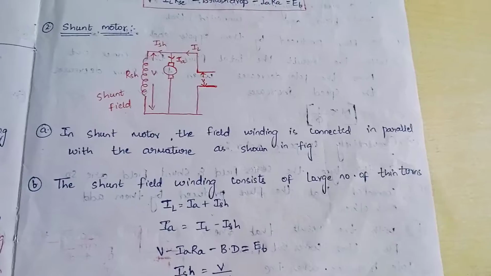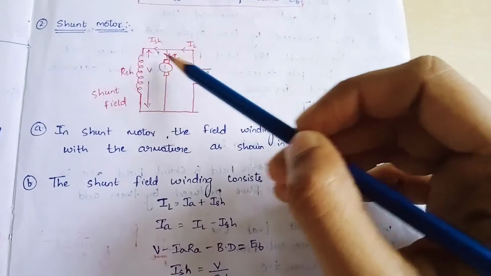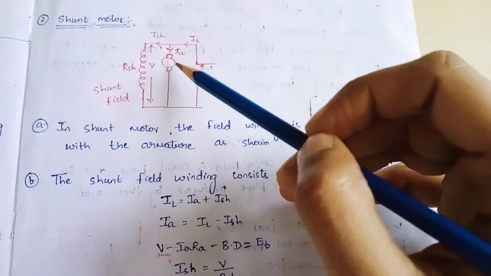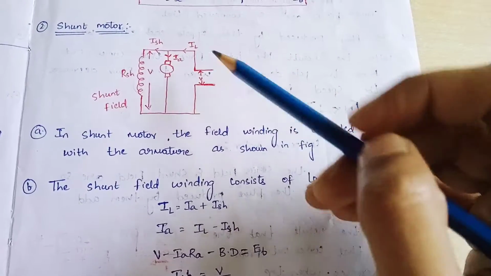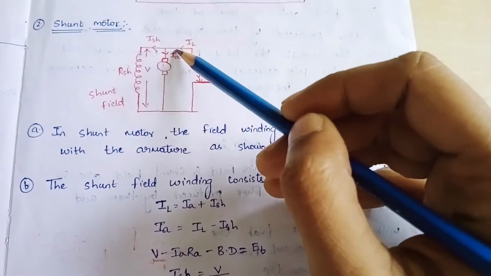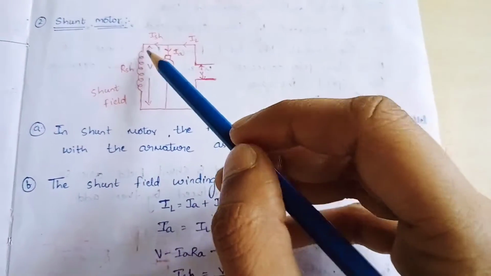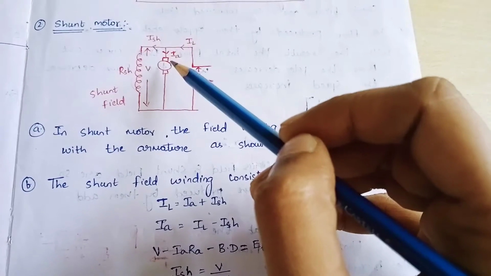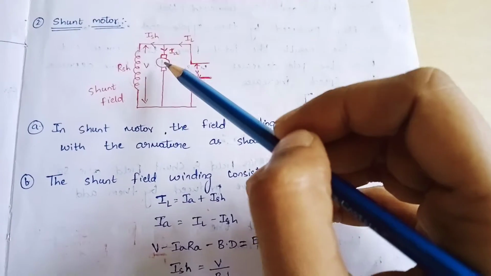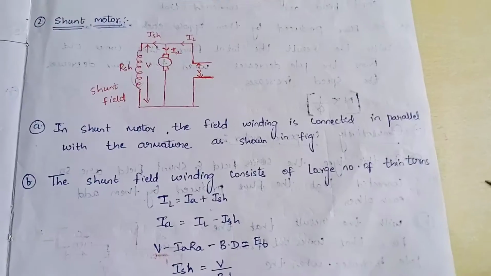We supply the voltage V from the DC supply. The DC current IL flows and gets divided into the field winding current, that is ISH, and the armature current, that is IA.